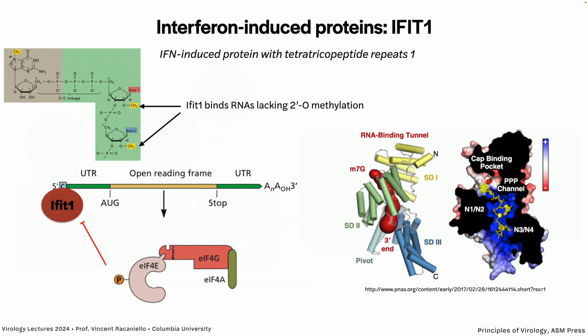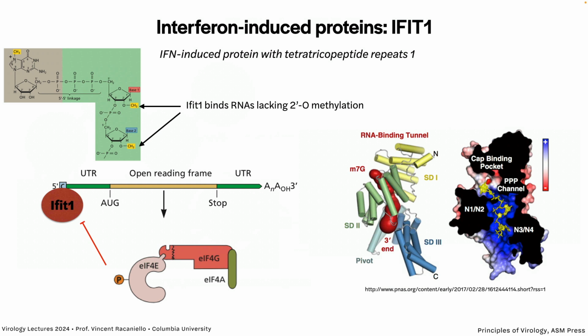And so on the right is a structure of RNA and IFIT. So the IFIT is the protein with all the alpha helices, of course, and the RNA is the red inside of it. And there at the very top is the m7G, which is the cap on the 5' end.